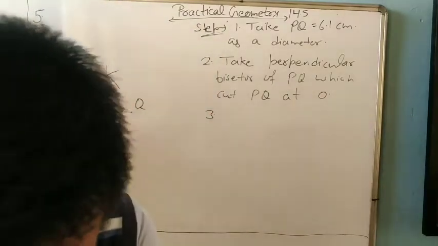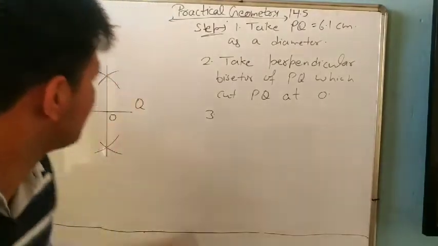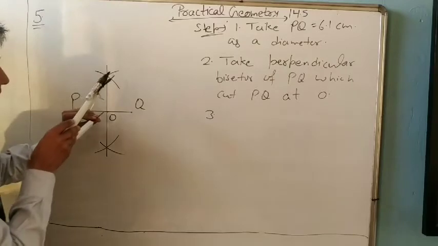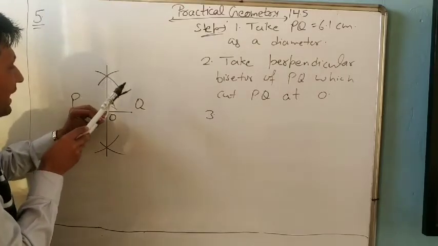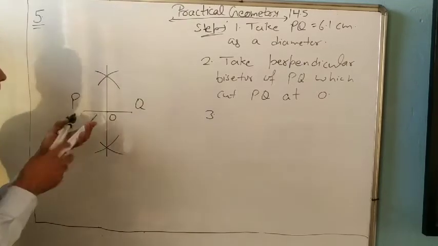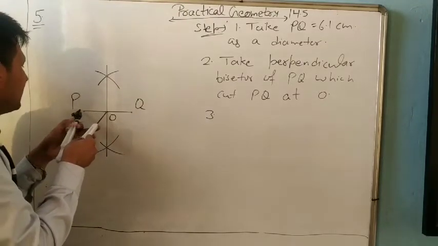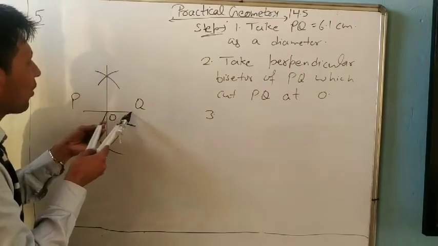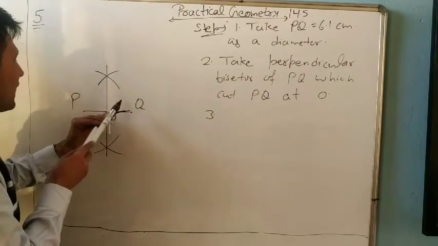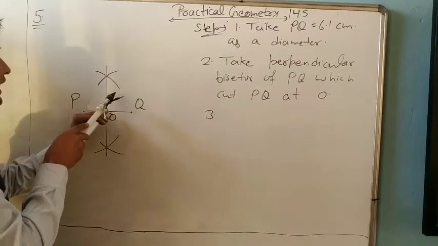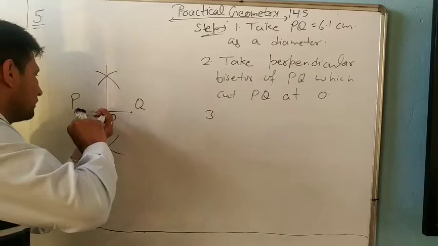Now everyone knows O is the midpoint, and if O is the midpoint, it means it is the center. So now take O as center and open from O to Q or O to P. Because we know O is the midpoint, it means OP equals OQ. So we will draw the circle.